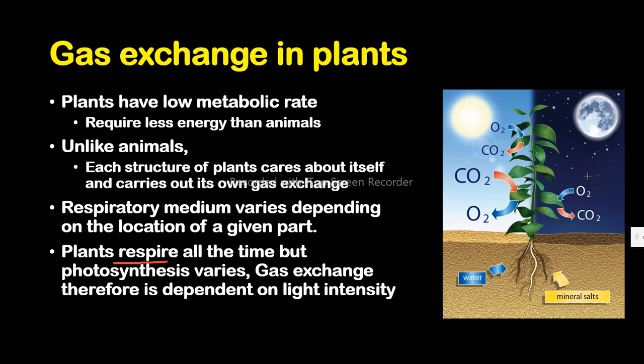At certain points, you, a plant, are taking in carbon dioxide and giving out oxygen. Then at another point, you are giving out carbon dioxide and taking in oxygen, and you'd be like, hey, come on, man, how is this even possible? But it's because of these two processes.